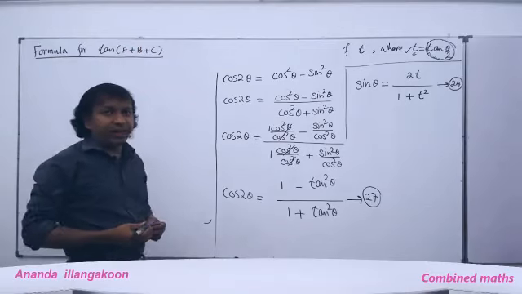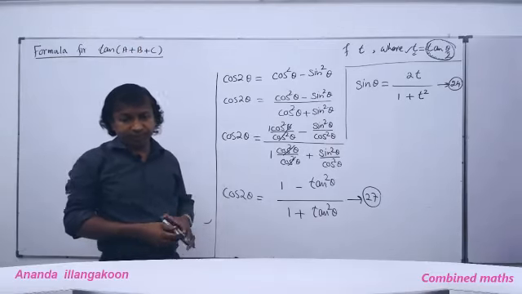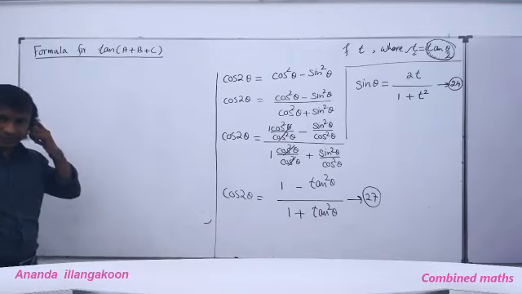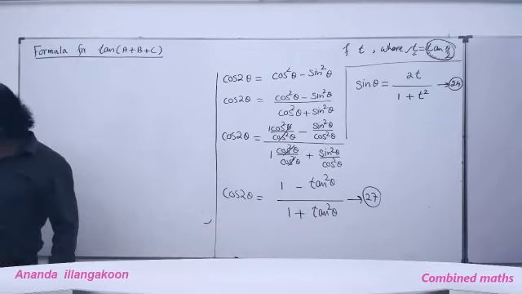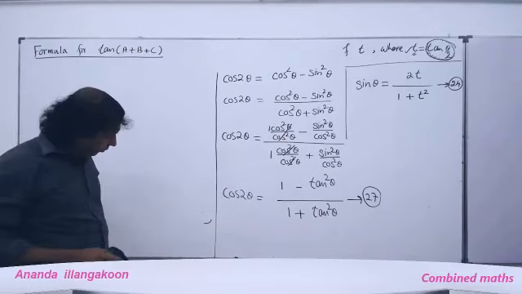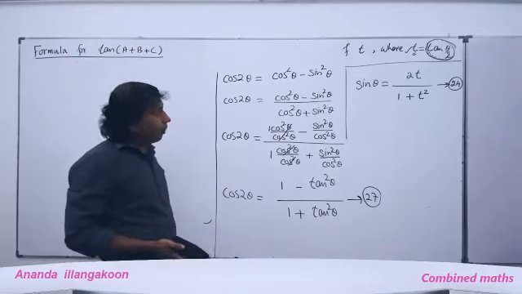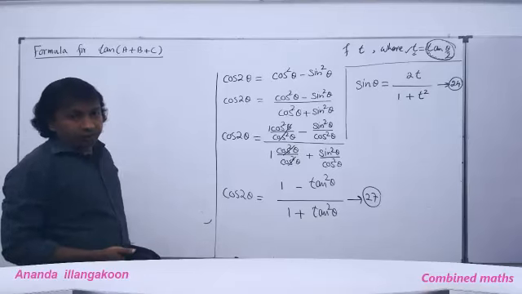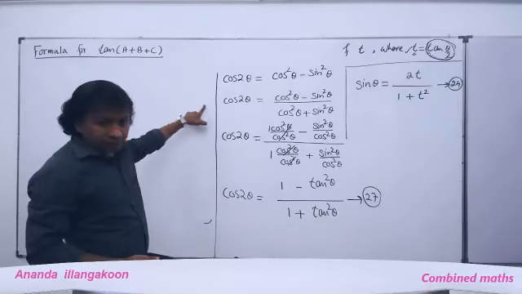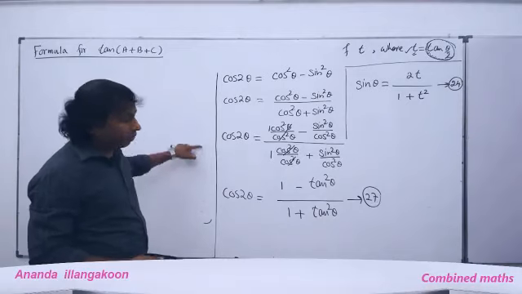Formula for tan A plus B plus C. This is number 28. Okay. Let's see how to take this. Shall I erase this board here?